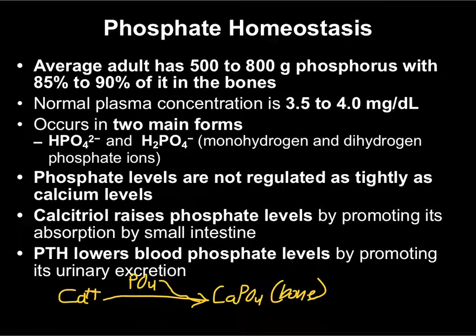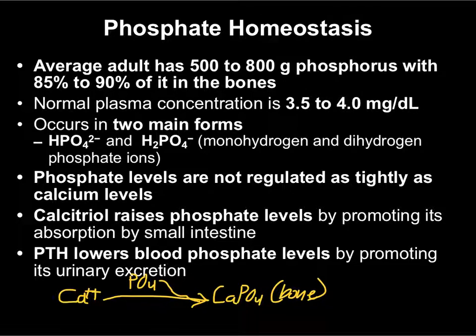If calcium gets too high, then your heart shuts down, and that's bad. If calcium gets too low, then your nerves don't work, and your muscles seize up, and that's bad. Your body's very tolerant to phosphate levels. Phosphate levels by themselves aren't going to have a huge effect on your body. You have high phosphate, you have low phosphate, your body doesn't really care about that. Phosphate is mostly important by how it interacts with calcium.